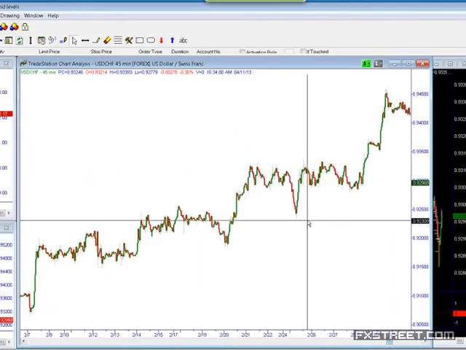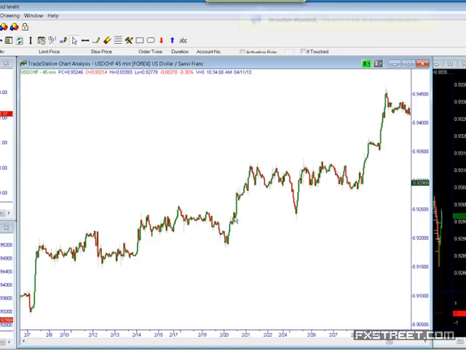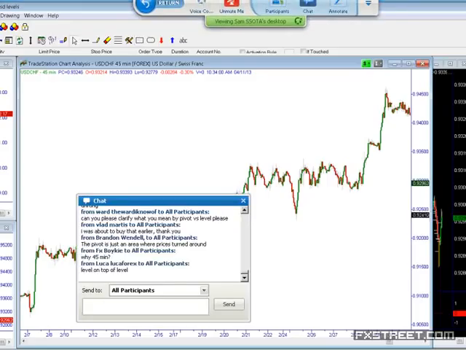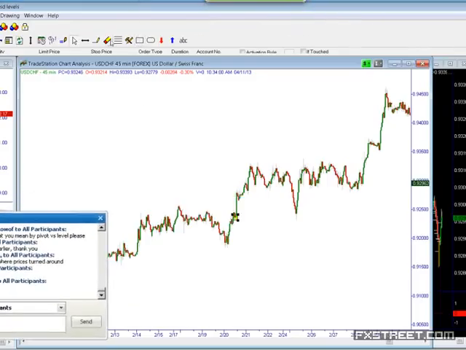Now we see why we have this pivot low here. Okay. Notice this pivot low was right into this. Okay. So this one, this level right here, yes, level on top of level.